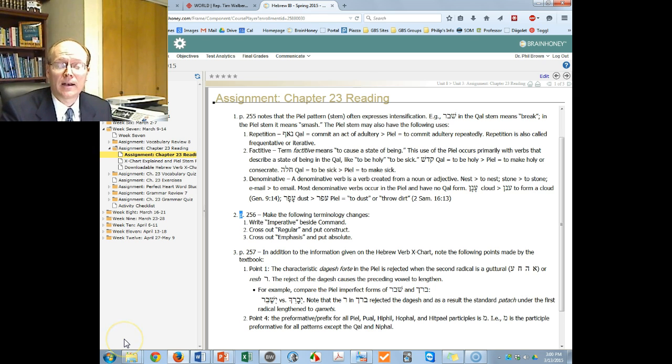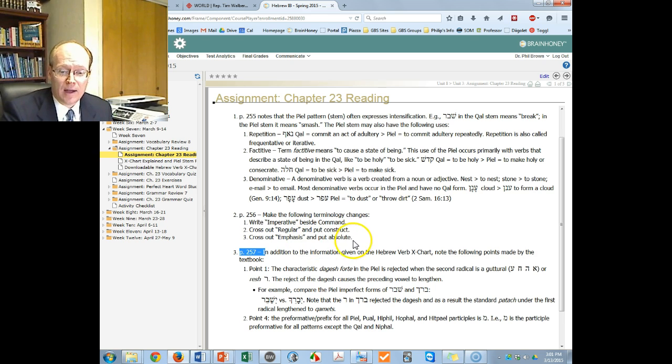Now let me just quickly connect what I've just said with the material you see in Brainhoney here. I was just talking about page 257 and gave you this information about the dagesh forte being rejected when the second radical is guttural, examples, and the preformative or prefix for participles is mem. So that's the same information you have there.